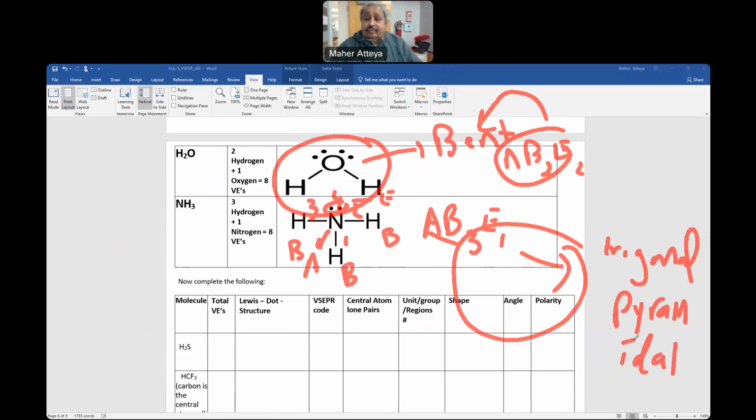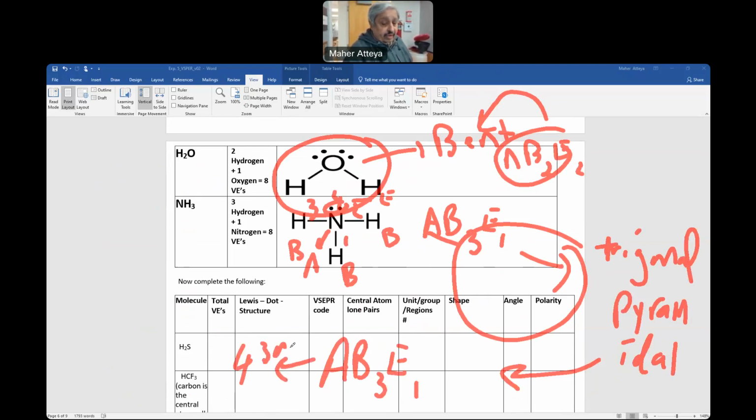So trigonal pyramidal, you have AB3E1, four zones, and the angle is 107. H2O has two lone pairs, so the angle is smaller, 105 degrees.